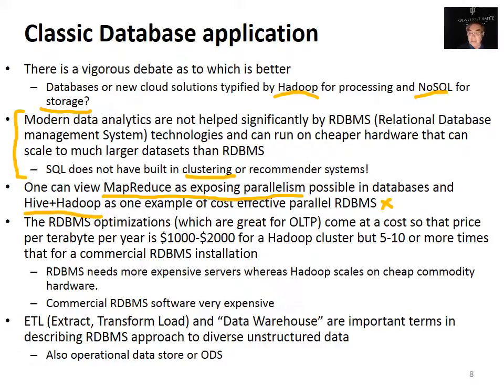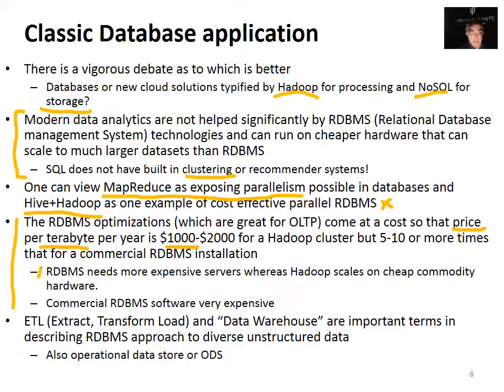There are various numbers out about the cost impact of these different optimizations. If you look at the price of a database per year, for a terabyte of data it's about $1,000 or so for a Hadoop cluster, but 5 to 50 times more than that for commercial relational databases.